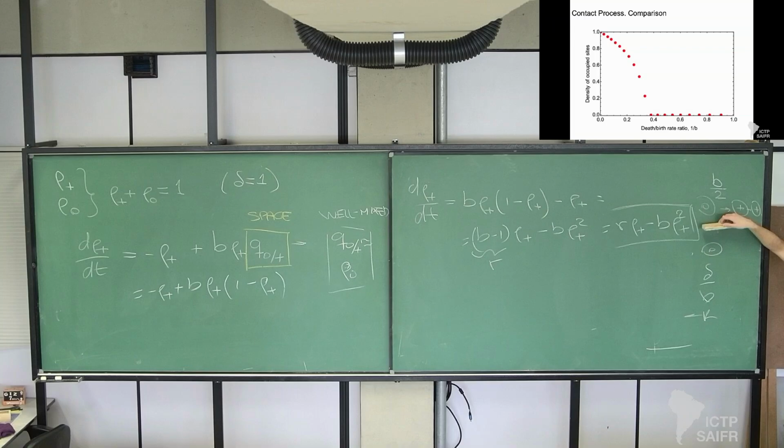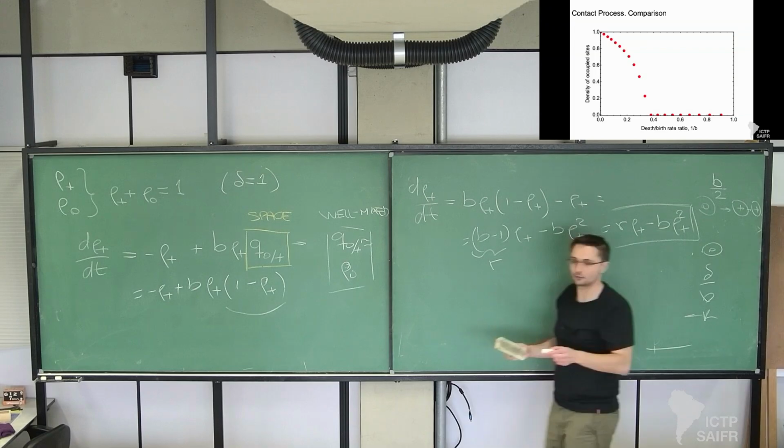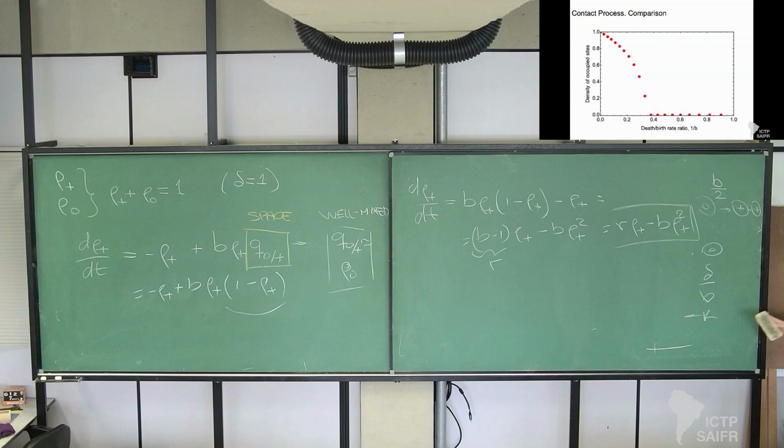Why? Because what is limiting the growth of my population, what is limiting my spreading process, is the space that I have available, right? And it makes sense that it cannot be anything else. This is 1 minus rho for a reason, because it's the number of empty places. It's a space limitation that is avoiding the infinite growth of the population.